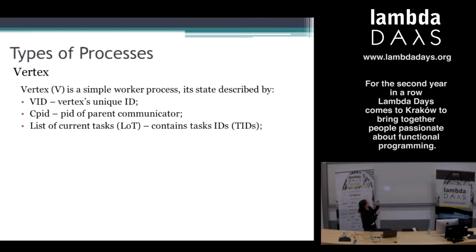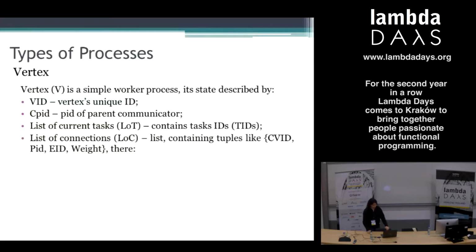Soon I'll tell you about the transaction server and how tasks are executed in this model, but it's just a list of integers. List of connections. It's a list containing tuples like CVID, for connection VID, the VID of a vertex connected by outgoing connections.